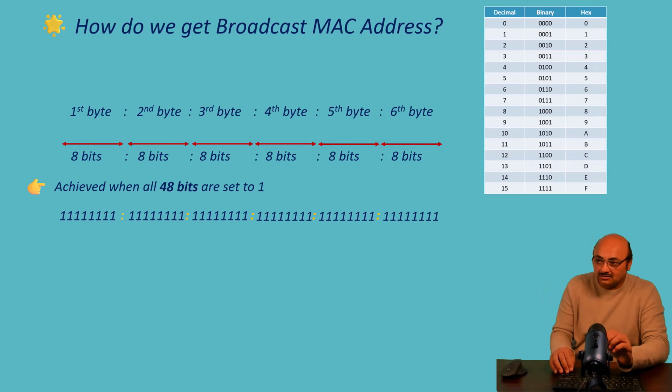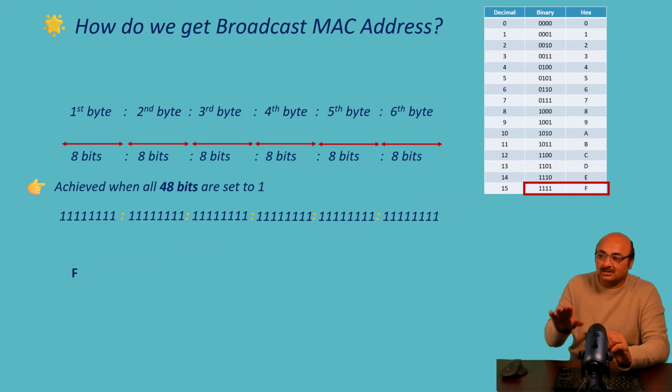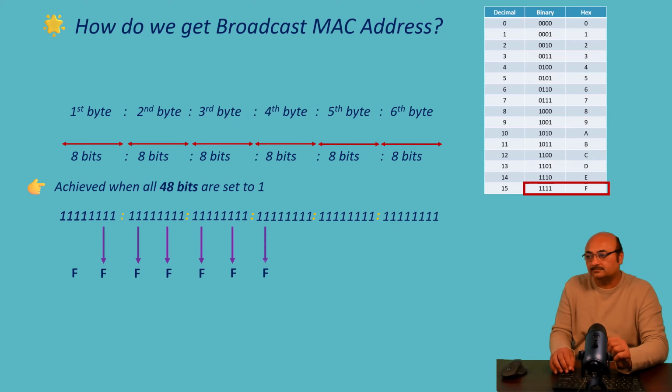Now let's take the 4 bits and find the equivalent hexadecimal character. And we get F. So we replace the 4 ones with an F. And similarly we do the same for the rest of the bits and get replacements. And this is what we get.